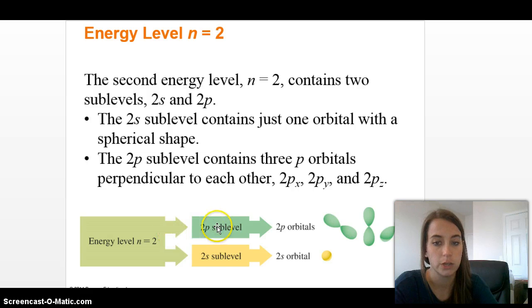In your 2p sublevel, you have 3 orbitals, and they're shaped like these weird little dumbbells, balloons, whatever you want to call them. So in your second energy level, you have 2 sublevels, 2s and 2p, and those sublevels have different orbitals. 2s has a spherical orbital, 2p has the p-shaped orbital.